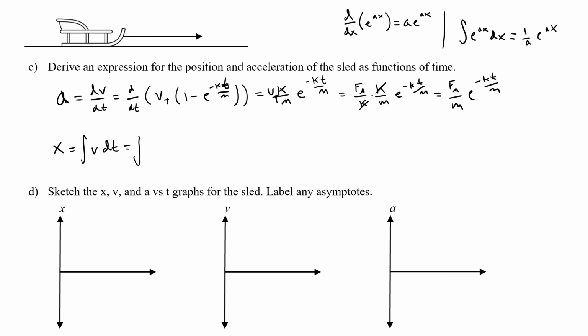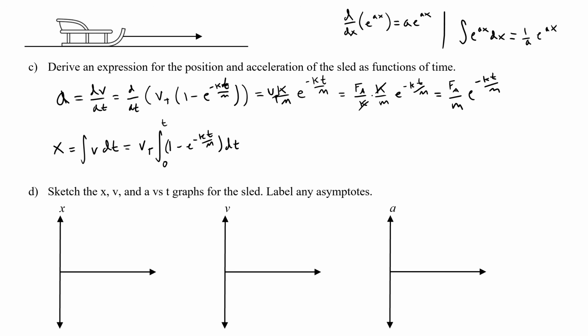Basically, what I'm going to get is the antiderivative of, you know what, we've got to pull the vt out. So there's vt times 1 minus e to the negative kt over m dt. And I'll need to do bounds, so I'll go from 0 to some time t.